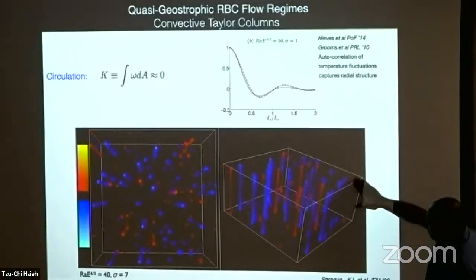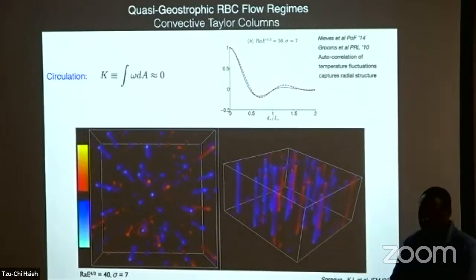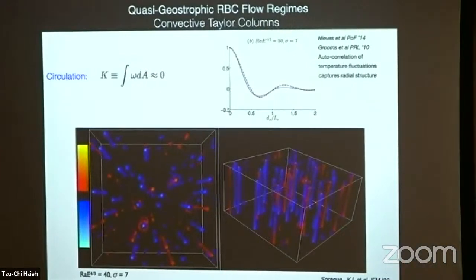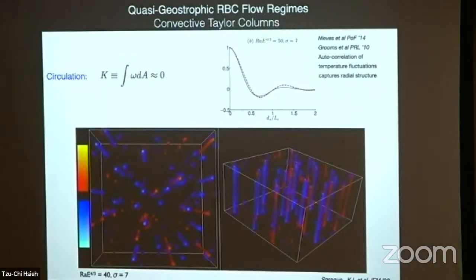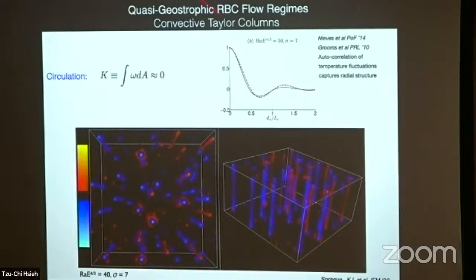Because these are the dominant structures in the plane, if I take a slice in that and just do the autocorrelation, shifting them in both directions and looking at how coherent the fluid is, the autocorrelation function actually draws out the shape of the plume.